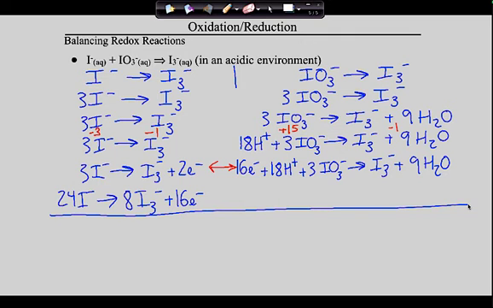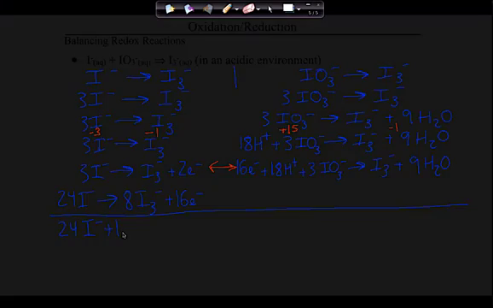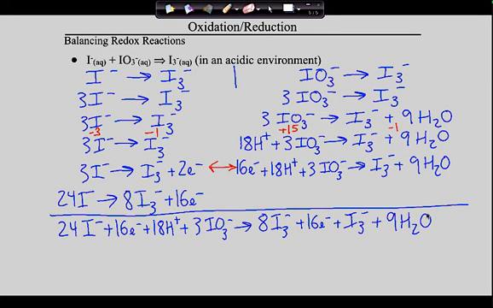So we're going to take the reactant sides of both: 24 I minus plus 16 electrons plus 18 hydrogen ions plus 3 IO3 minuses yields 8 I3 minuses, 16 electrons, 1 I3 minus, and 9 waters. Pen still on the board.